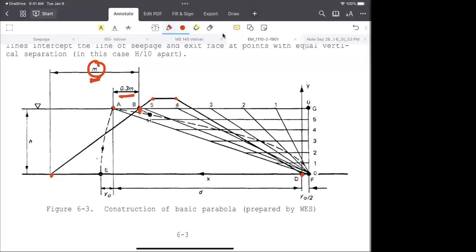We take point A and we take point D and we draw an arc. That's 0.3 of M, right?